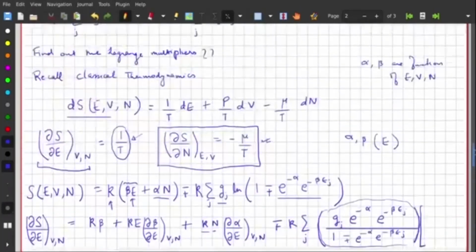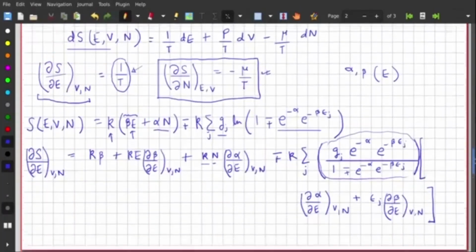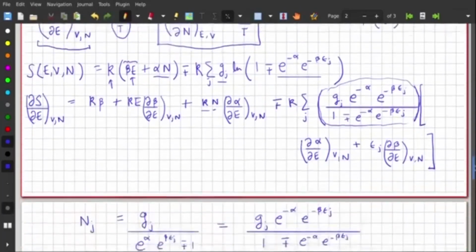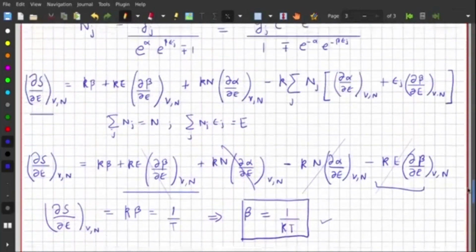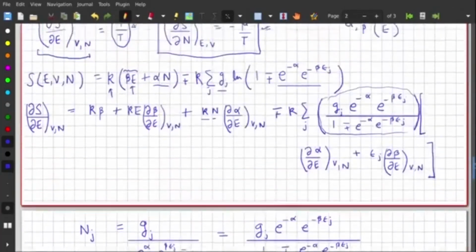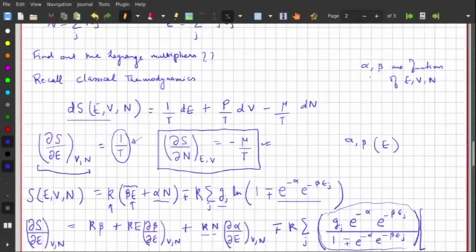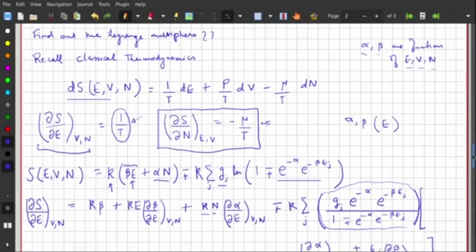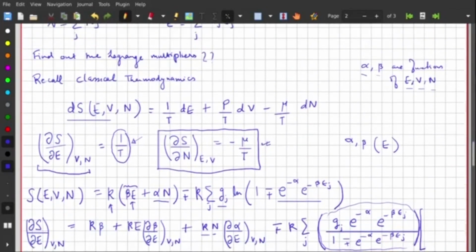The methodology remains more or less the same. One key thing we need to realize here is that the Lagrange multipliers alpha and beta are functions of E, V, and N, and hence when we are doing the partial derivatives we need to differentiate alpha and beta with respect to the individual variables.